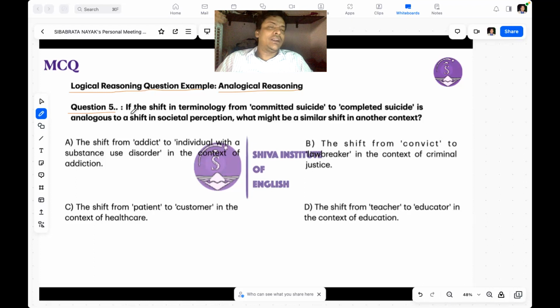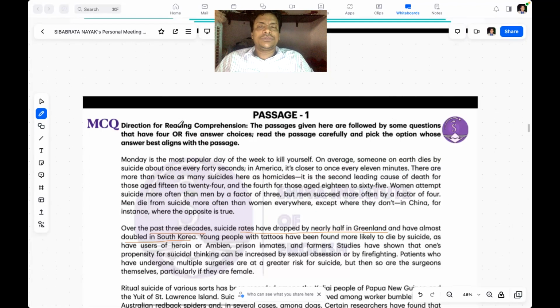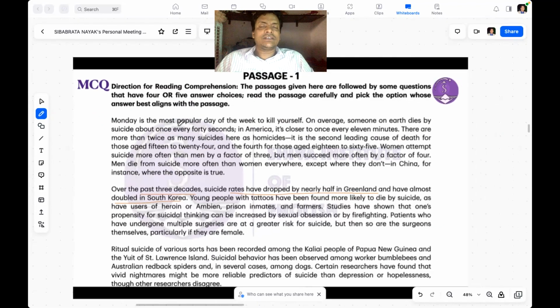Here you would find the places called Greenland and South Korea. On the basis of that, we have information here. This is the text from which we have taken many of the critical reasoning question types.